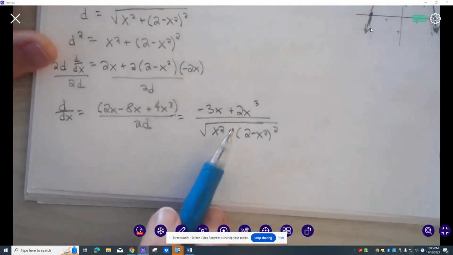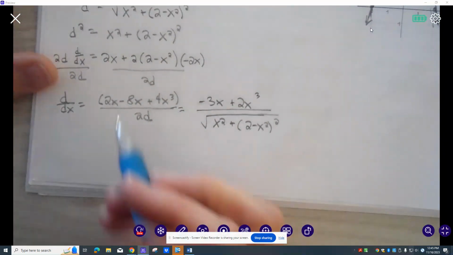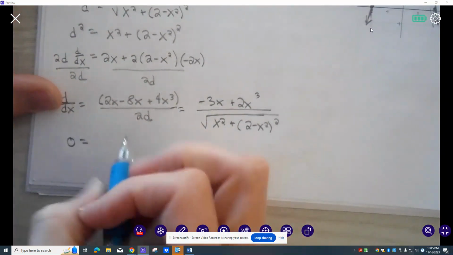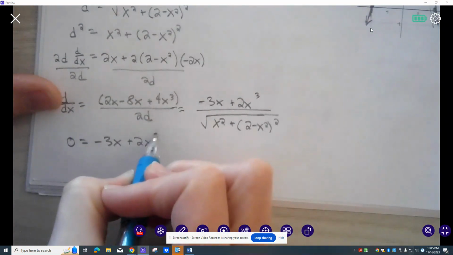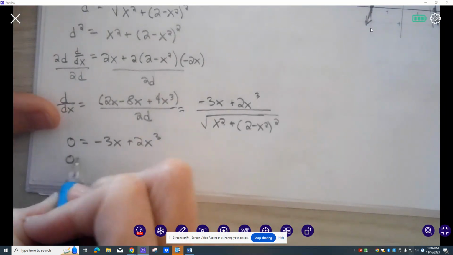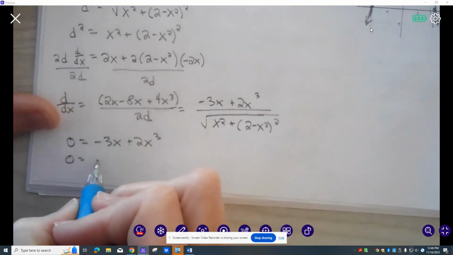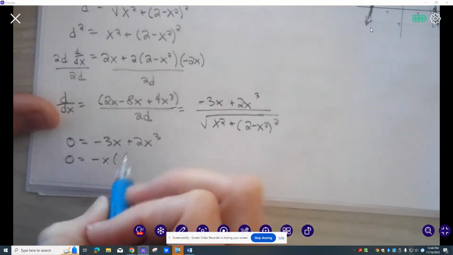Okay, now I want to set this equal to 0. If I want to find out where it's 0, I really need to only check the numerator. So I need to solve that equation right there. And I can factor out an x or a negative x, doesn't really matter. I'm going to factor out a negative x.